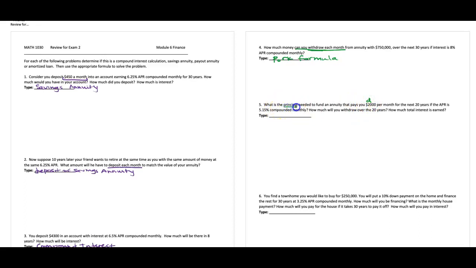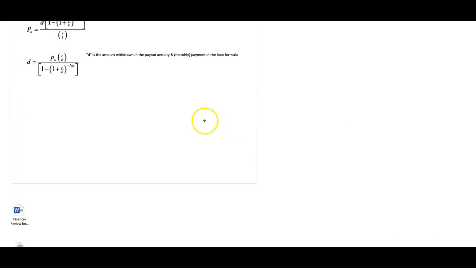We want to know how much money you've got to put in originally so that you can take out $2,000 a month. So that would be that payout annuity, this formula here.